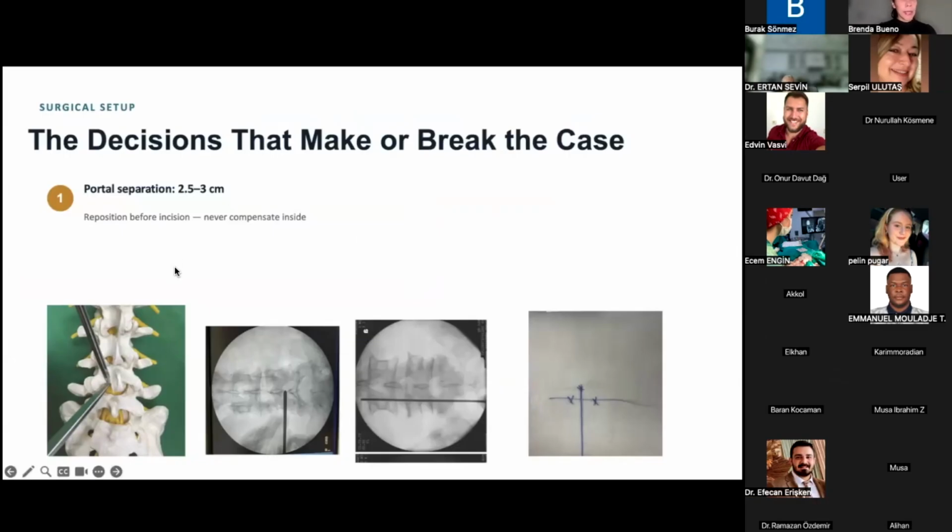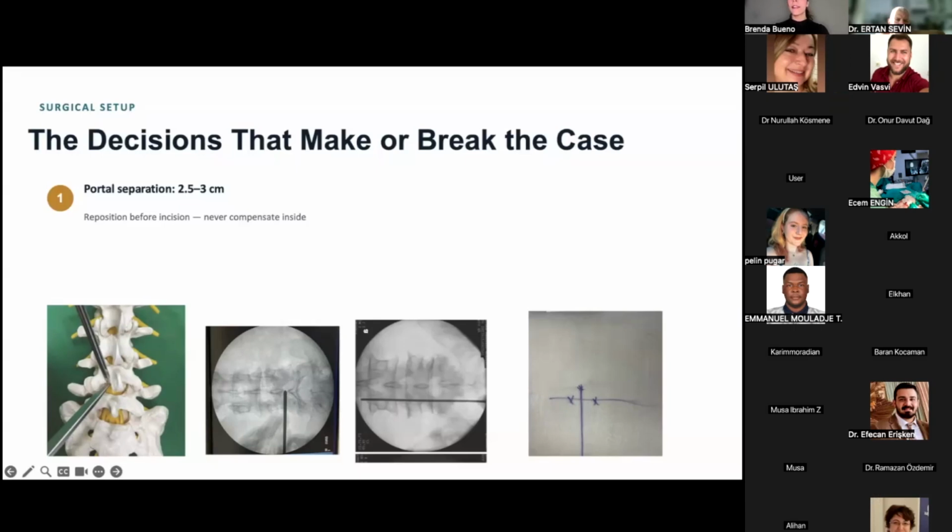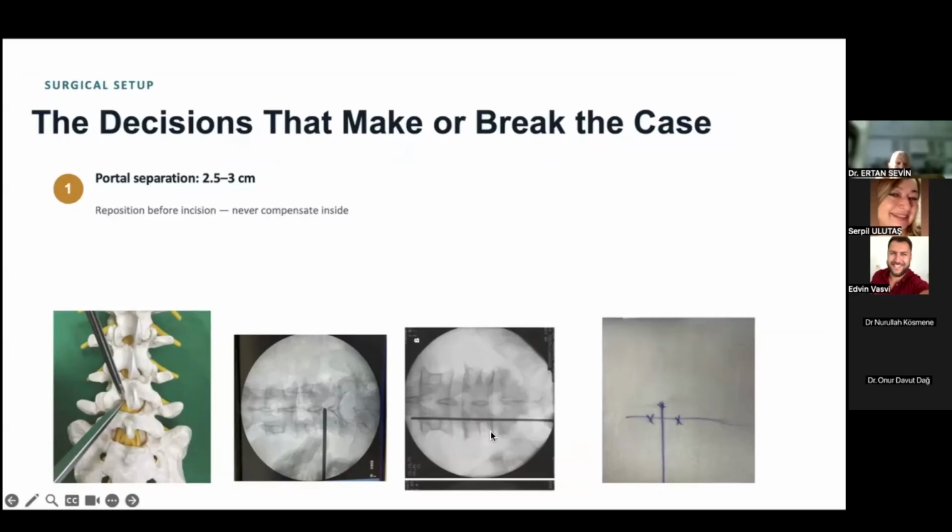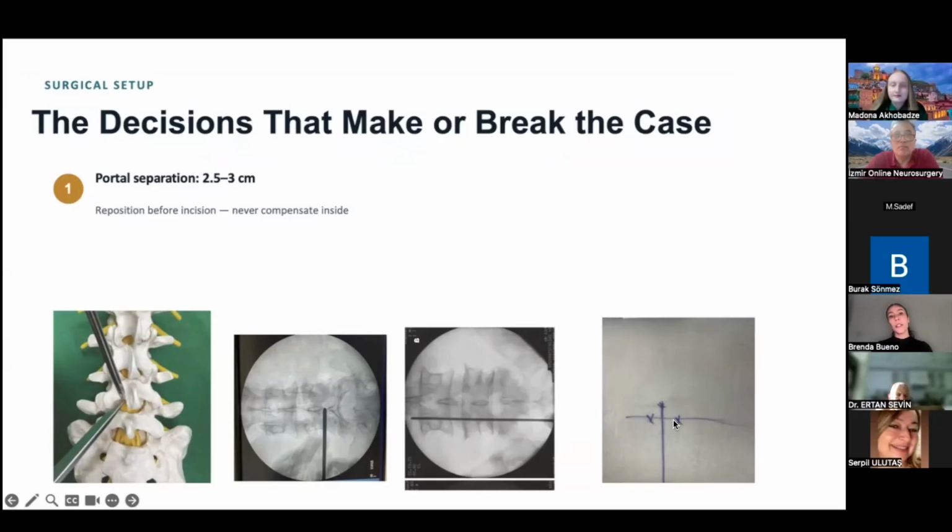First of all, in biportal, something very important is the portal. For the decompression, your landmark is the union of the spinous process and lamina. You can do it in your AP with fluoroscopy: mark, then draw a line, your medial line to the pedicles, and mark a separation between portals of 2 to 3 centimeters from each other.